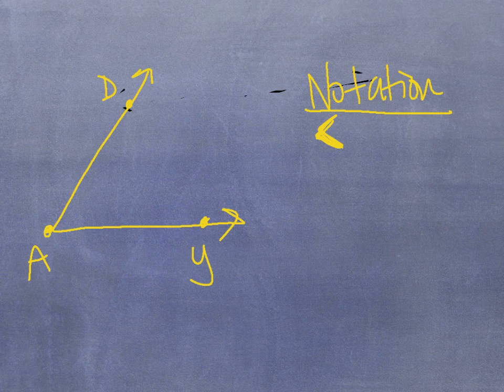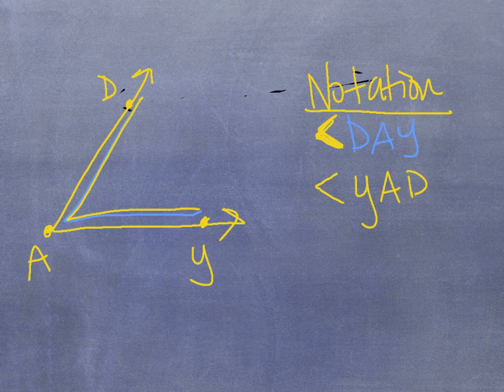So this one, if you start at one of the ends, would be angle D, A, Y. Now you can also go the other way, in the opposite direction, and you could say YAD. So it would also be angle YAD. But the important part is that the vertex has to be in the middle. Otherwise it's a different angle if it's not in the middle.